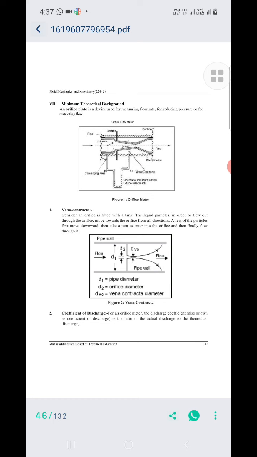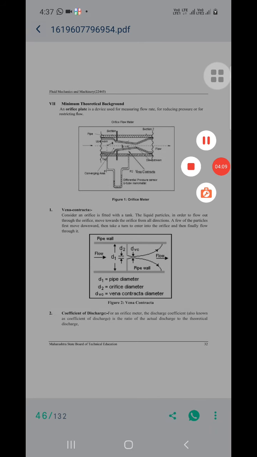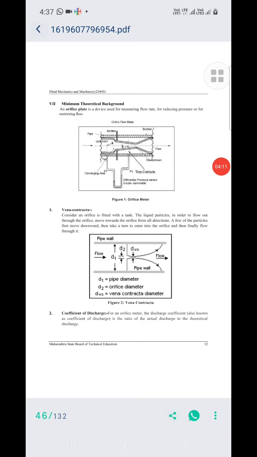The liquid particles, in order to flow out through the orifice, move toward the orifice from all directions. A few particles first move downwards, then turn over, enter into the orifice, and then finally pass through it. D1 is the pipe diameter, D2 is the orifice diameter, and DVC is the vena contracta diameter.